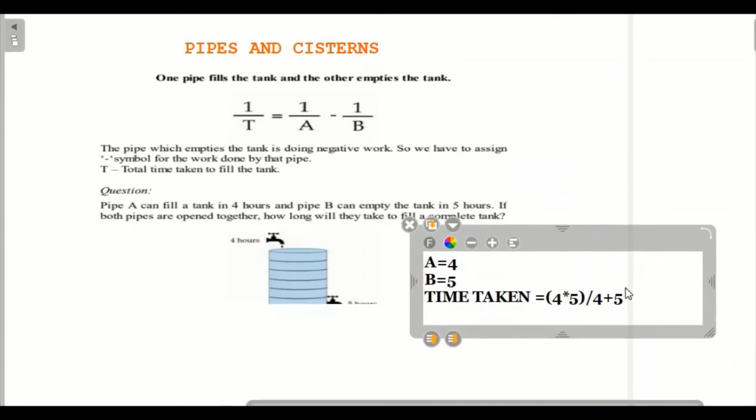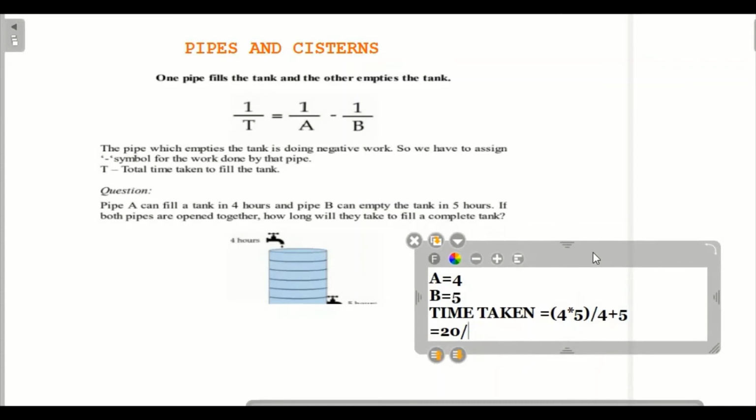Our answer will be 20 divided by... sorry, we have a minus in the question.